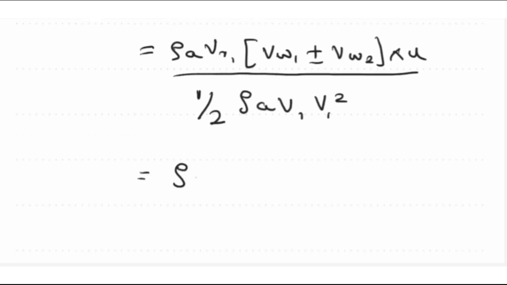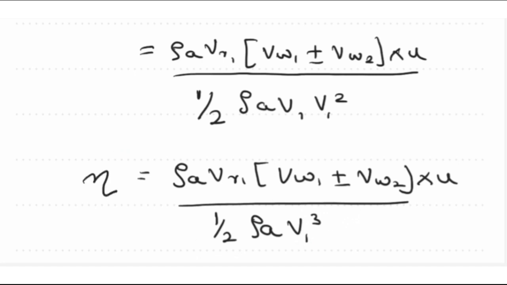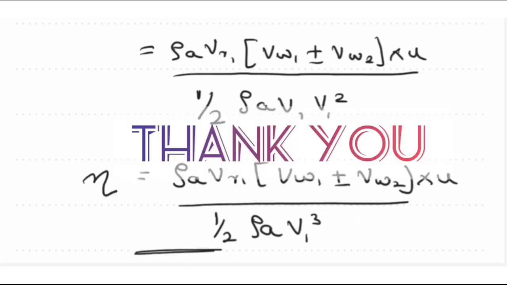So we will get rho into A into VR1 into VW1 plus or minus VW2 into U divided by half into rho into A V1 cube. So here we should substitute V1, not VR1. So this will be the equation for efficiency eta. Thank you for listening.